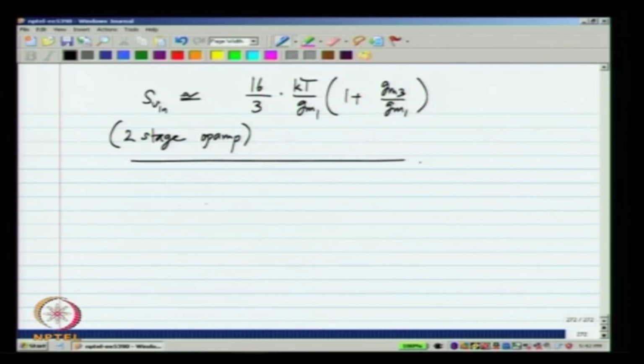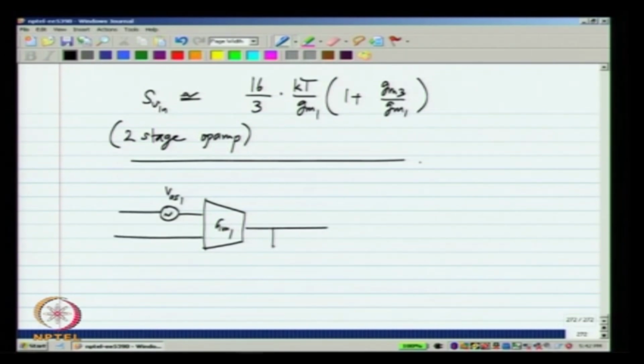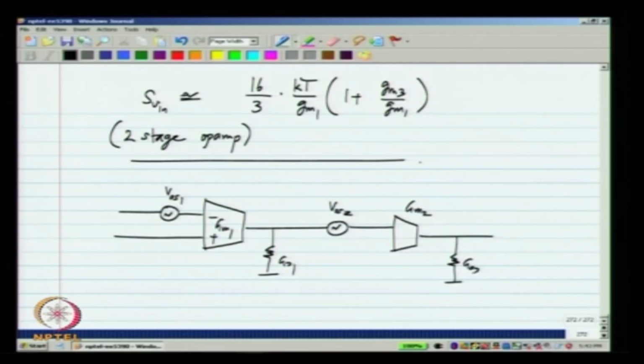Again, let me consider the two stage structure. GM1. Let us say I have some VOS1, and we have GO1 over here, and I have VOS2. Offset is by definition DC, and I do not have to include any capacitors in the calculation. I have GM2 and GO2.